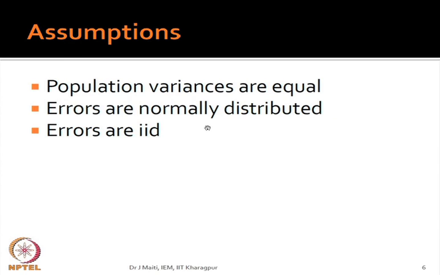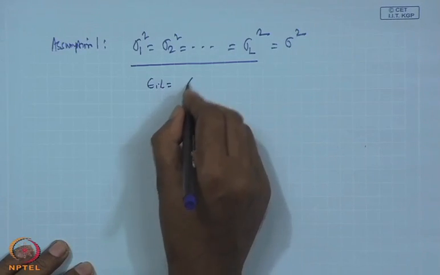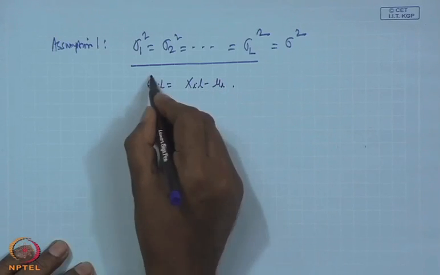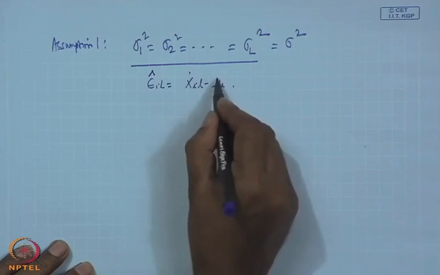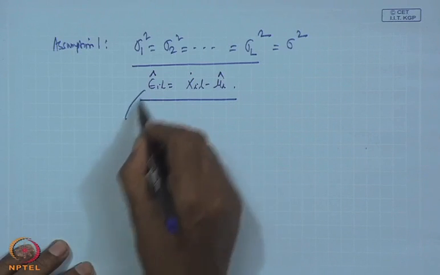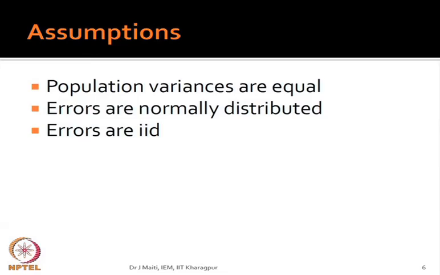What is this error? You have seen earlier that epsilon_iL equals X_iL minus mu_L. If you estimate this, it will be like this. So this error quantity is normally distributed. Errors are IID, meaning independent and identically distributed.